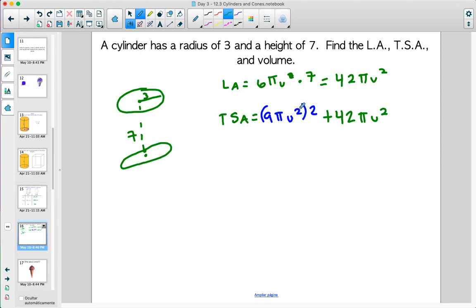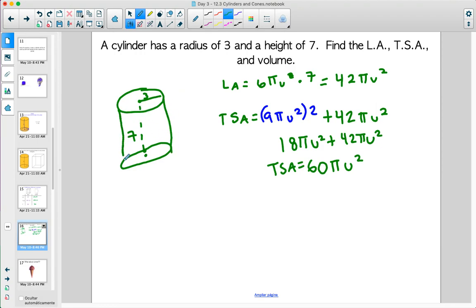So this is going to be 18 pi units squared plus 42 pi units squared. And then we're just going to add, right? 8 plus 2 is 10. So that's 0. 4 plus 1 plus 1, that's 6. So 60 pi units squared for TSA, total surface area, okay? So that means the area of the lid, the area of the outside wrapper, if you were thinking about a can, and then the bottom area as well, okay?